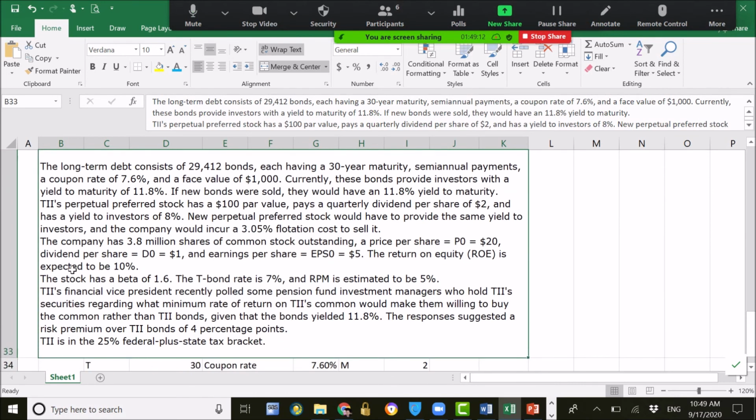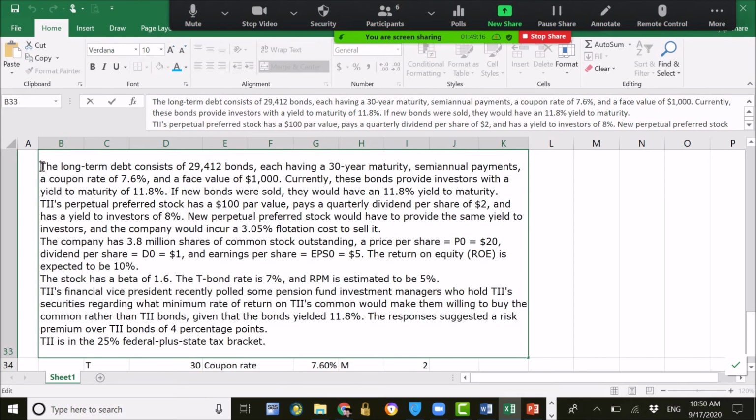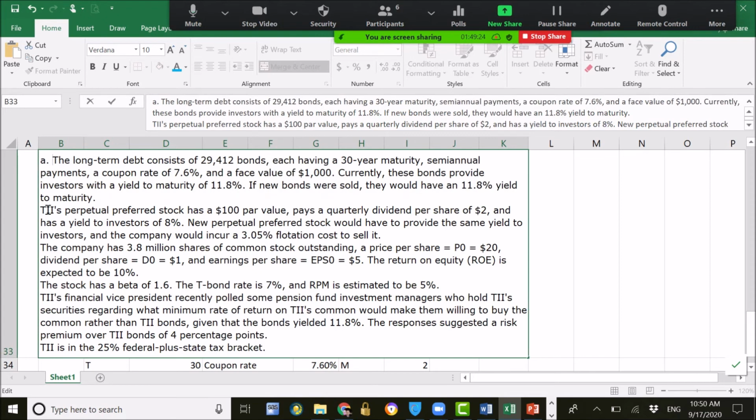Okay, so basically this one is the first question, A, and then this one is B, preferred stock.